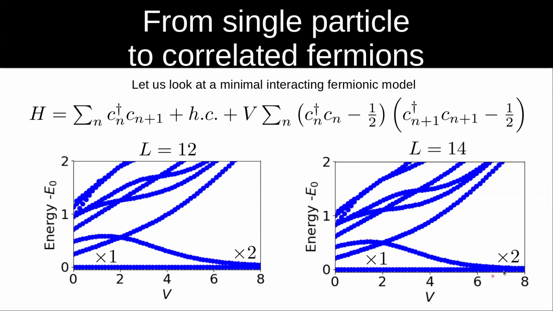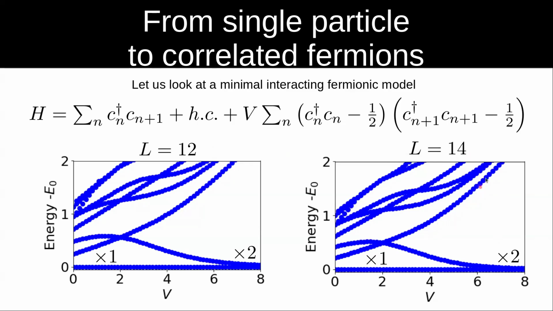if you go to large V, you get a very large gap. You have a very wide region in energy where there's no state between the ground states and the first excited state. And this happens both for L equal to 12 and L equal to 14.